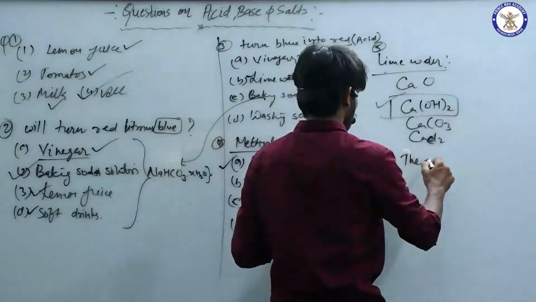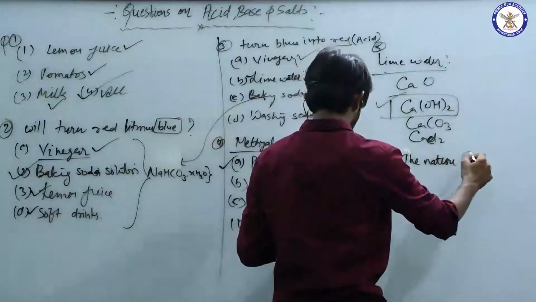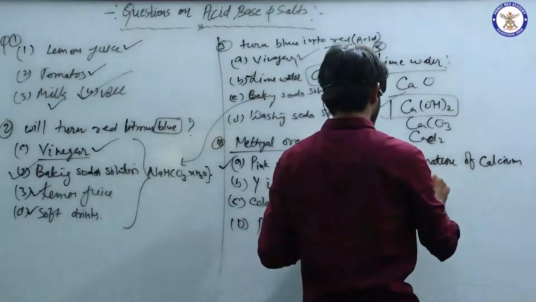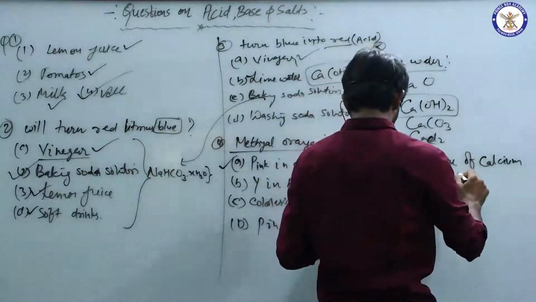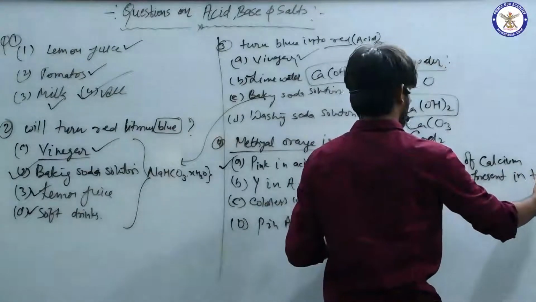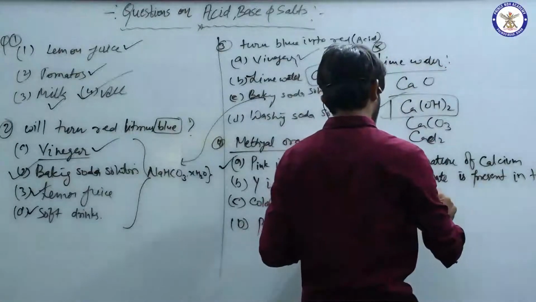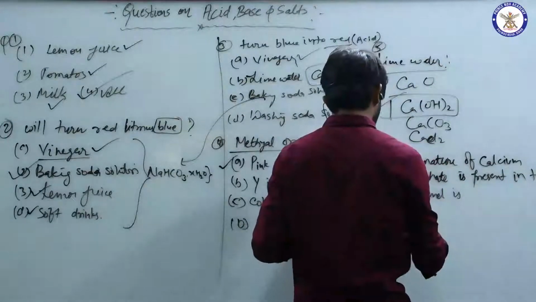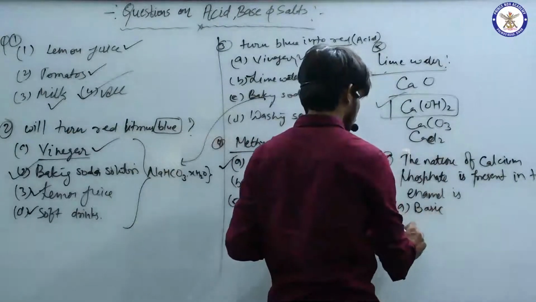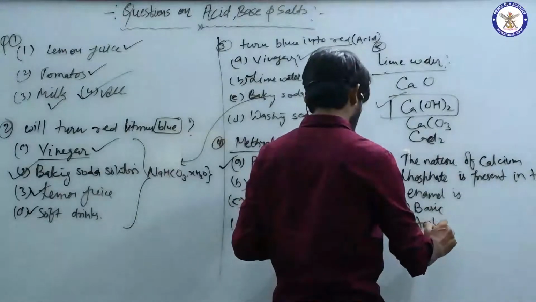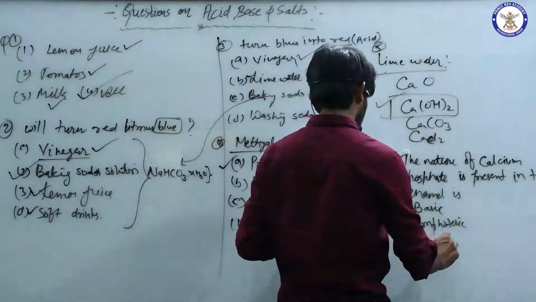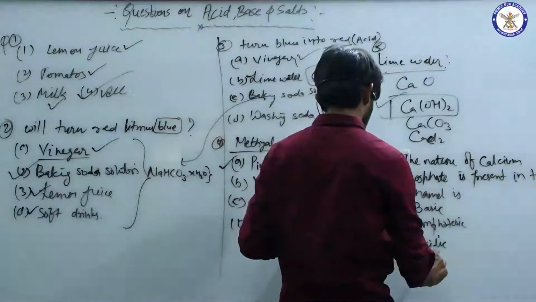The nature of calcium phosphate present in tooth enamel is, and the options are: basic, amphoteric, acidic, and neutral.